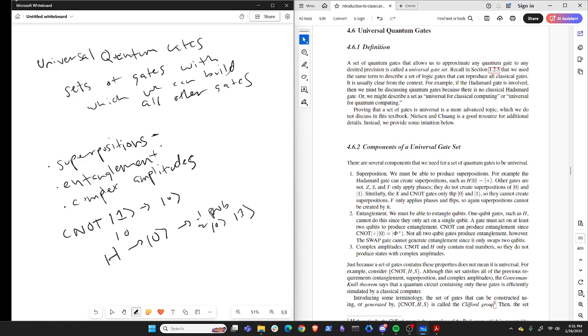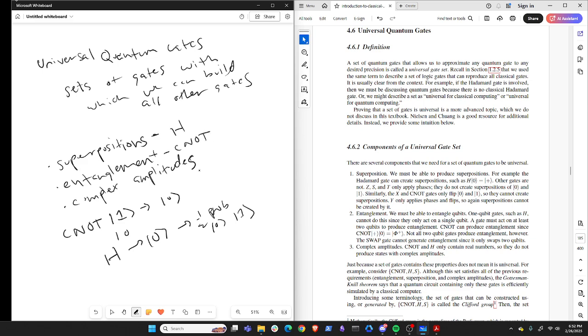So in order to be part of the universal gate set, a gate within the set, not necessarily all the gates within a set, because all the gates in the universal set will work together to create the quantum gates that we need. So not every gate needs to have all three of these, but they all work in tandem. The H gate can create superpositions. We need to have entanglement. Now that's where the C0 gate comes in.